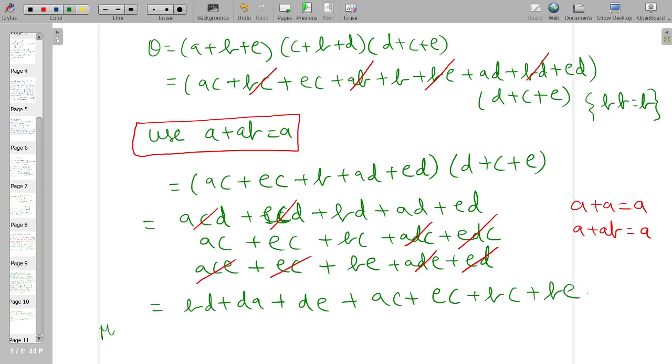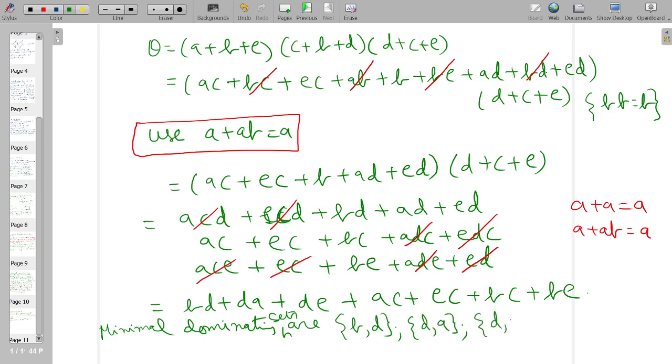So here the minimal dominating sets are, okay, because I cannot reduce this further, so I'll have B comma D. Second set would be D comma A. Third minimal dominating set would be D comma E. Next one is A comma C. Next one is E comma C. The next one is B comma C. And the last one is B comma E.